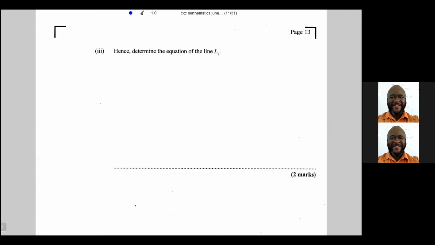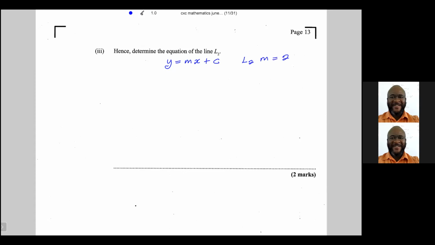Next, we're asked to determine the equation of line 2. Well, that's not hard. The equation of a straight line is of the form y is equal to mx plus c. Now, for line 2, m is equal to positive 2.